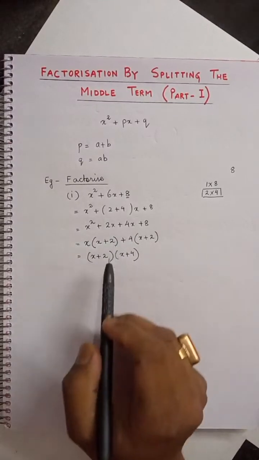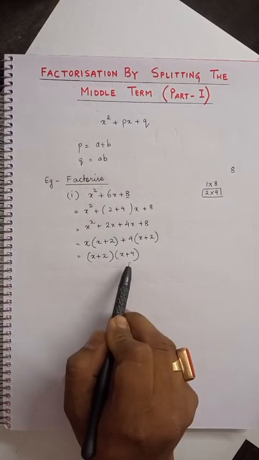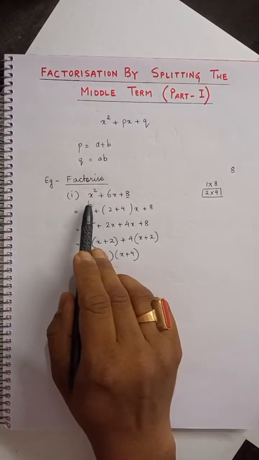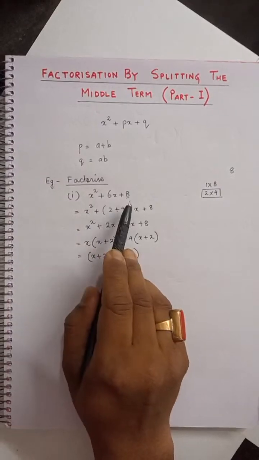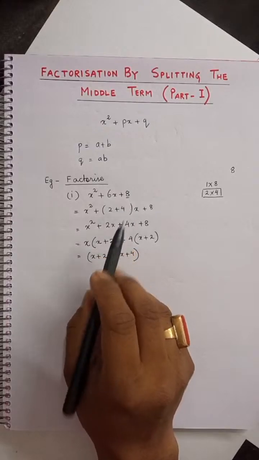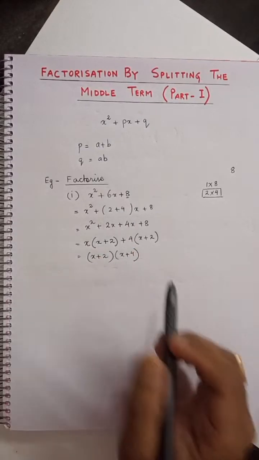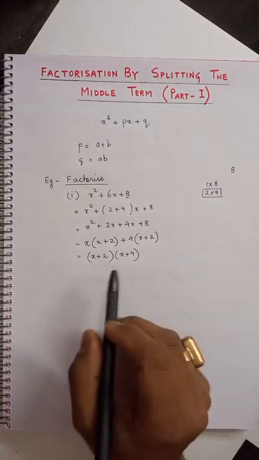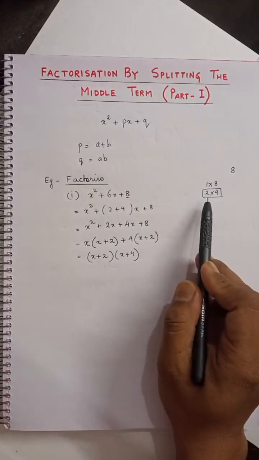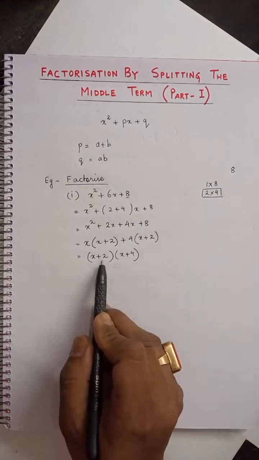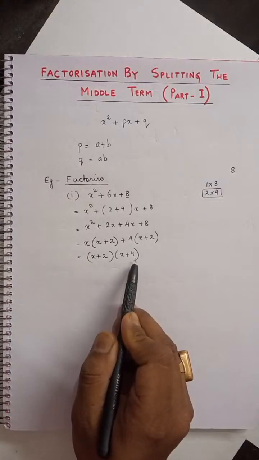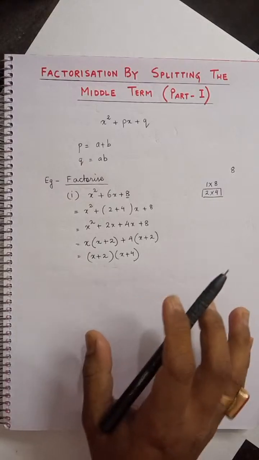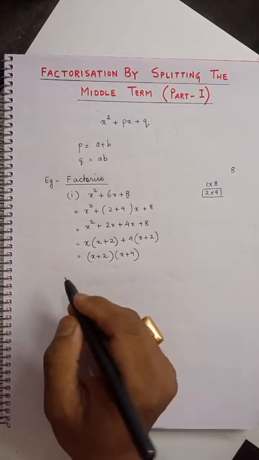So x plus 2 and x plus 4 are the factors of x square plus 6x plus 8. One more thing: the numbers we took, 2 and 4, are the same constants in the factors, so that way we can check whether our answer is correct or wrong.